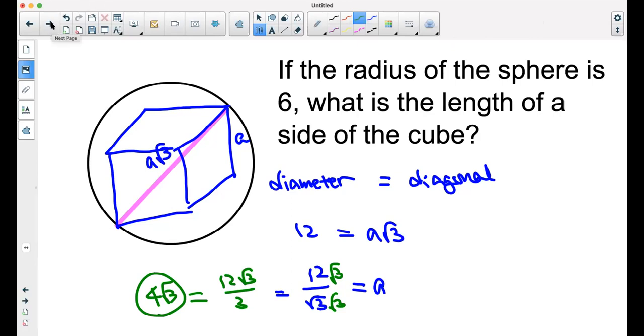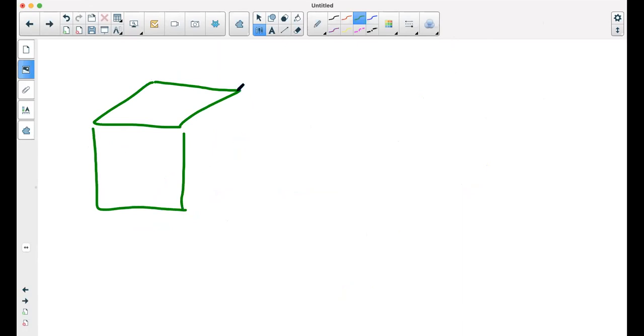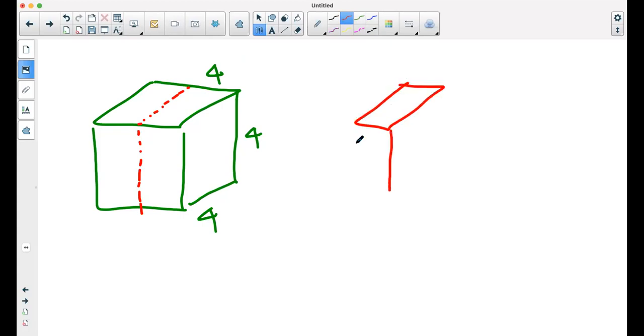First question is this. I had a cube, and each side is 4. But guess what, guys? I'm going to cut along this line, creating two pieces like that.